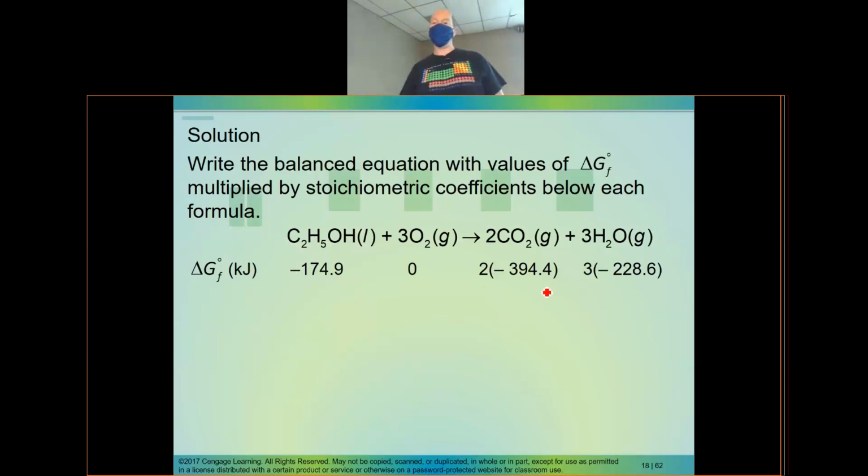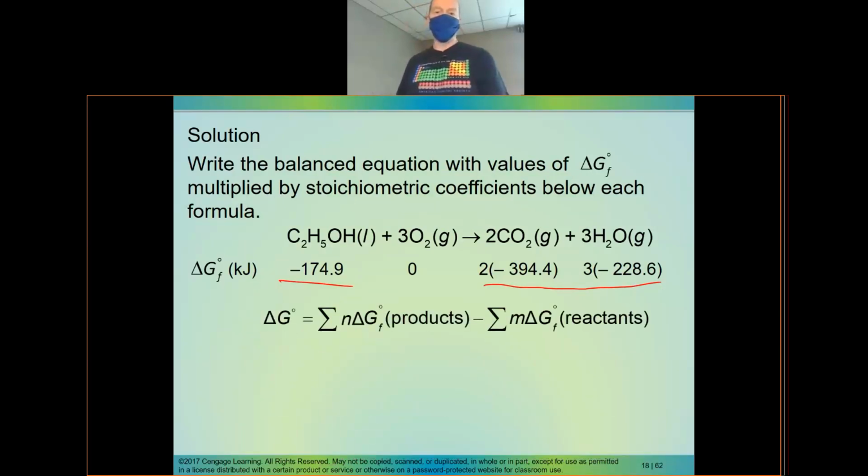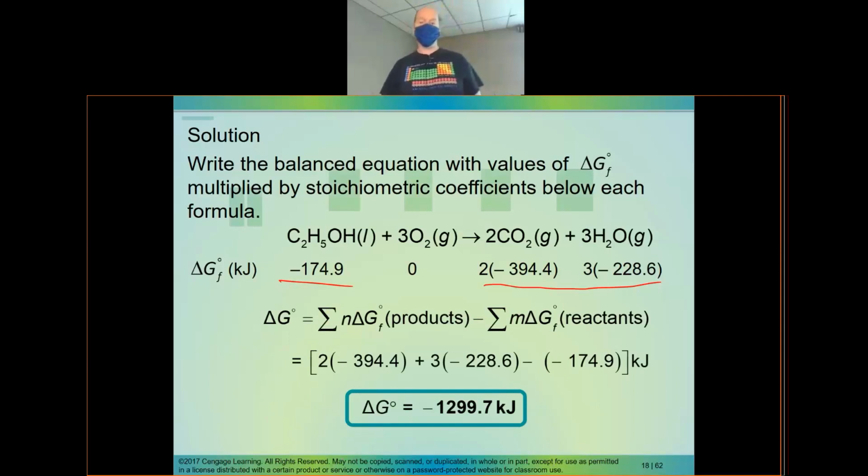So you add up your products, and then you subtract your negative 174.9, and that will leave you with a negative number, negative 1,299.7. All right, and so this is spontaneous. So we predicted the negative, we got the negative, and it is spontaneous.